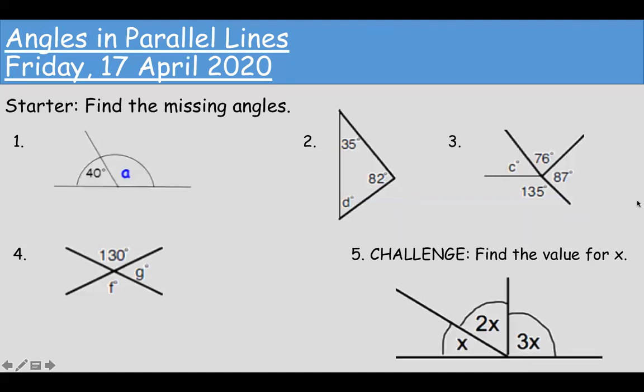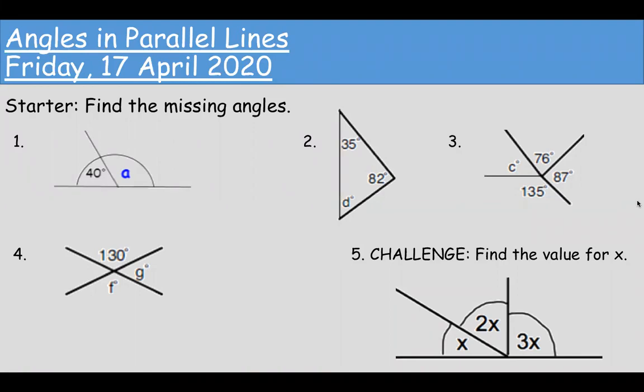Okay, so this is the next part, angles in parallel lines. Very quickly, Abigail, what is A for number 1? 320.